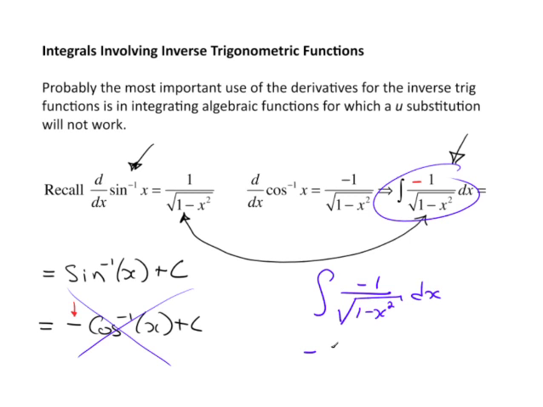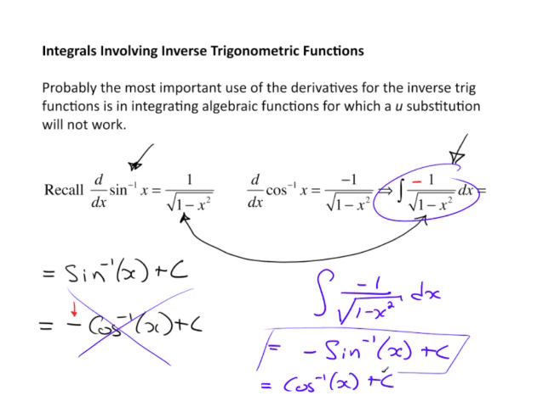Rather, we'd write it as the negative of inverse sine of x plus c. It would not be wrong to say that this solution is inverse cosine of x plus c, because these two are equivalent. Rather, by convention, this is really the form that we typically put it in. Very seldom do we use that form. But like I said, they are in fact equivalent.